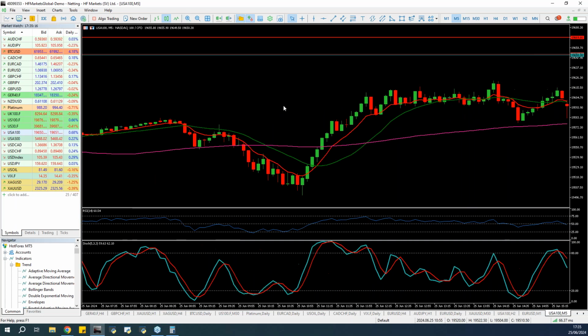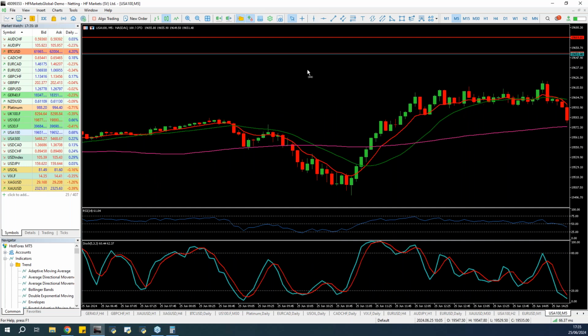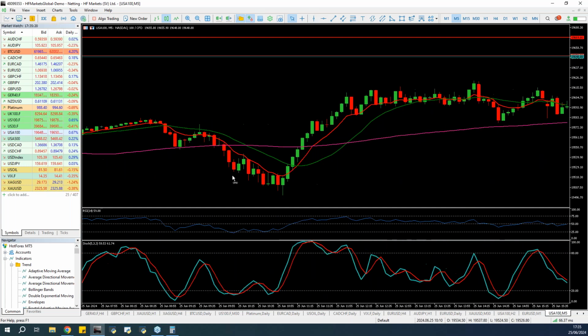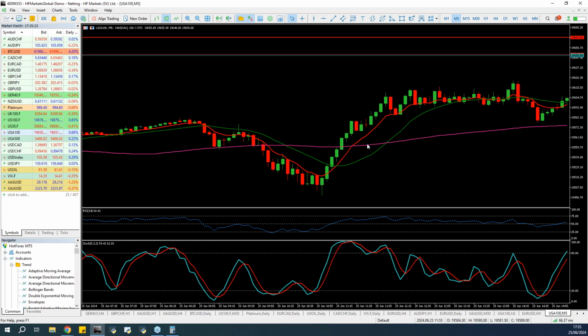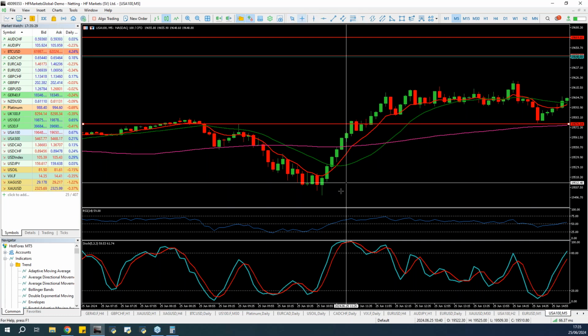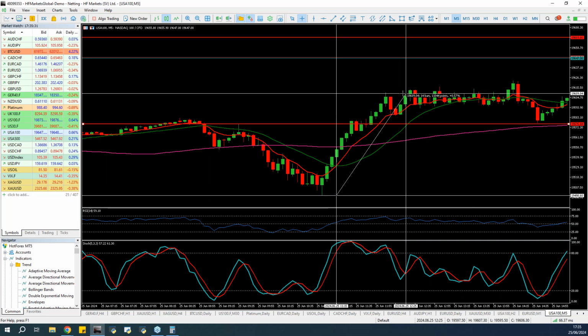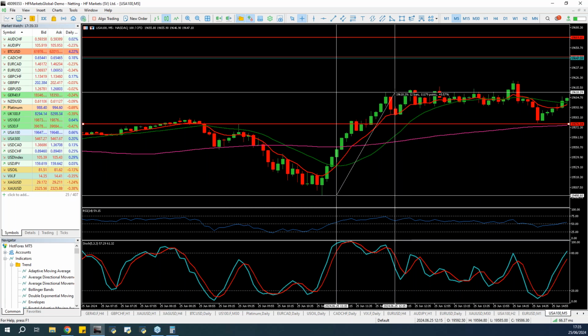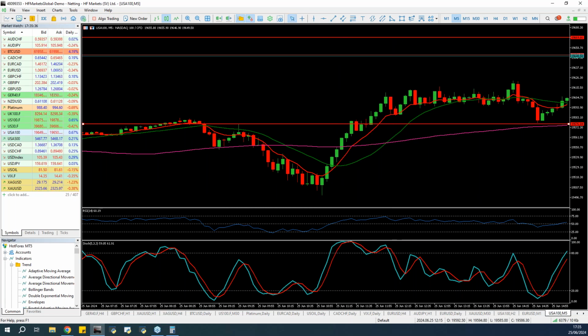I'll give you an example to assist. If I'm looking at this upward price movement, and the breakout is here, the whole price movement up to here is 0.57%.